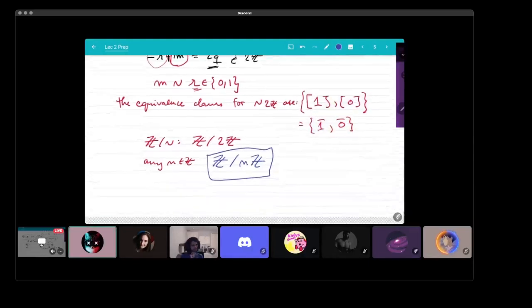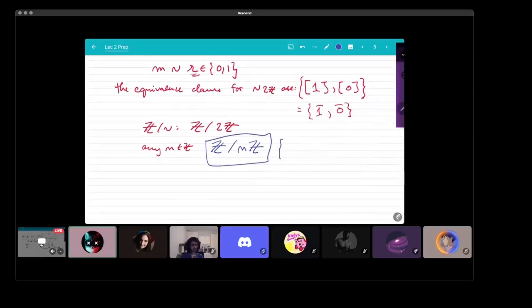So in some way this is the set of all possible remainders in the division by n, the equivalence classes of all possible remainders, which is 0, 1, and so on until n minus 1.